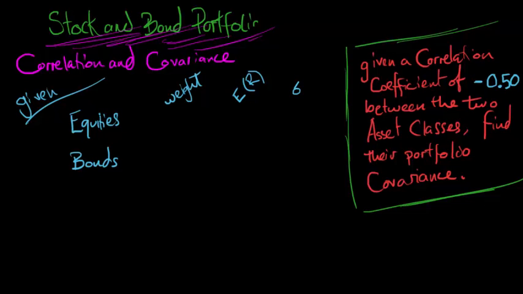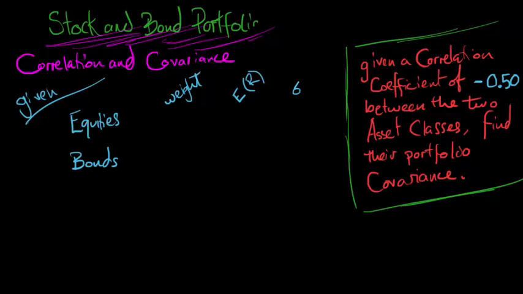Okay, I want to have a look at the relationship between the formula for correlation and the formula for covariance. In this example, I've got a portfolio constructed of a basket of stocks and a basket of bonds.